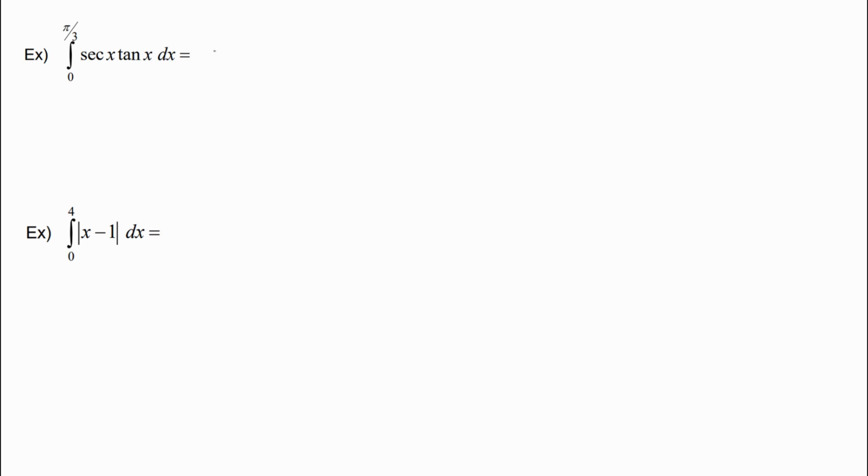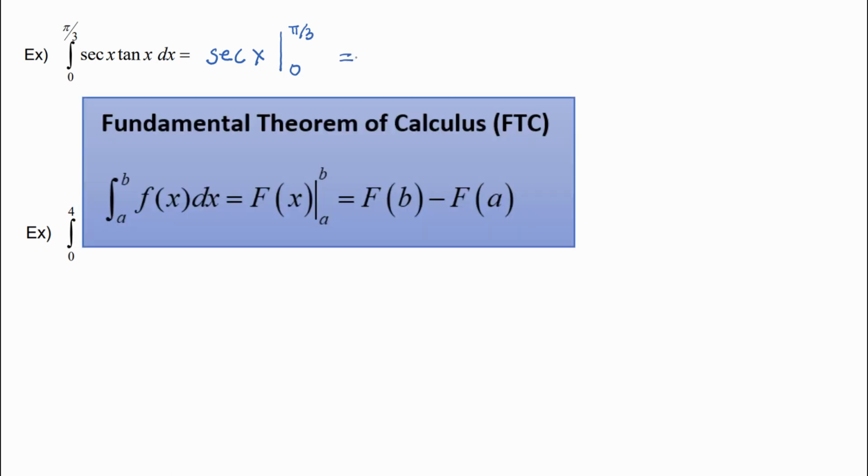So this is secant x evaluated from 0 to pi over 3. And now that would be equal to secant x evaluated at pi over 3 subtract secant x evaluated at x equals 0.